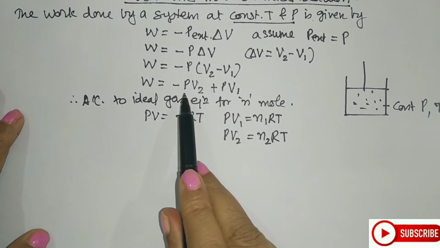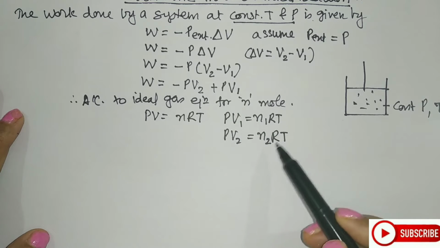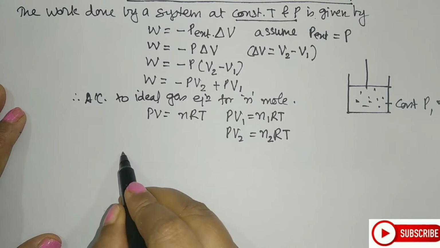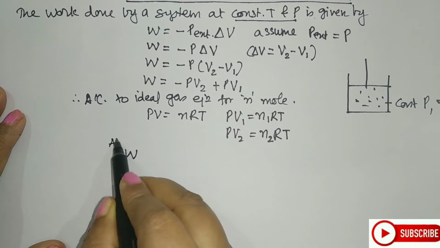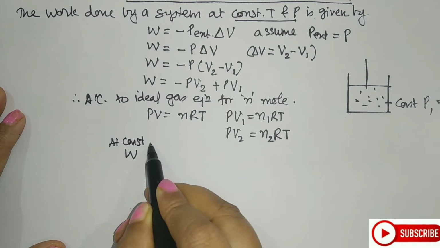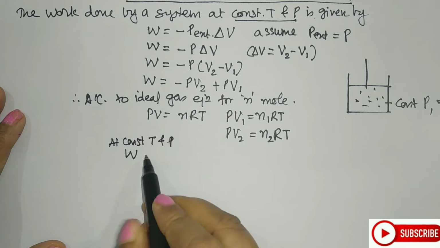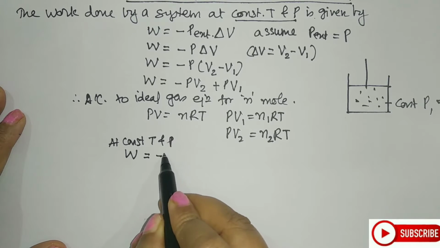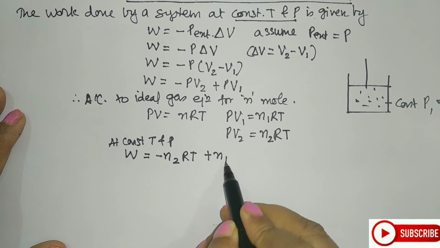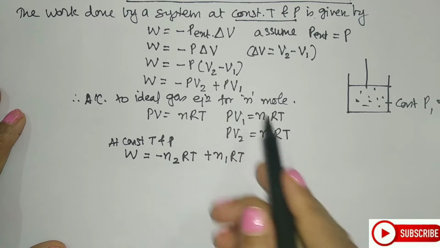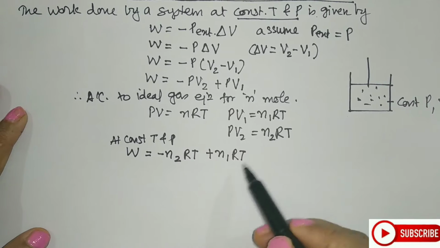Now let us replace this PV2 and PV1 by those two terms, and what you get. So you have to write here that at constant temperature and pressure, W is equal to minus N2RT plus N1RT. Now I have replaced those terms by those terms and I got this.